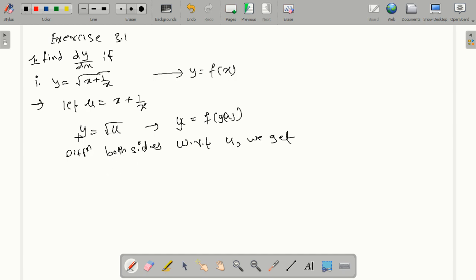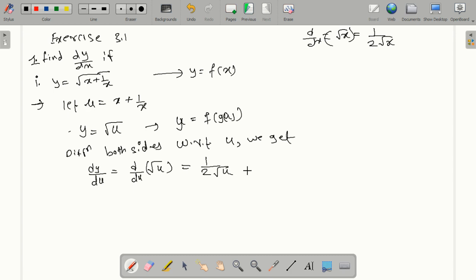When we differentiate both sides, it is written as dy by du is equal to d by du of root of u, right? And we know that the derivative of root x is 1 upon 2 root x. So the derivative of root u would be 1 upon 2 root u. So the answer for this is 1 upon 2 square root of u, right?